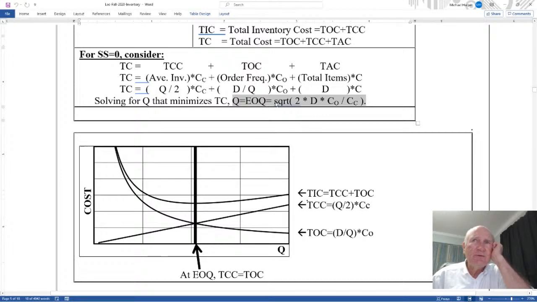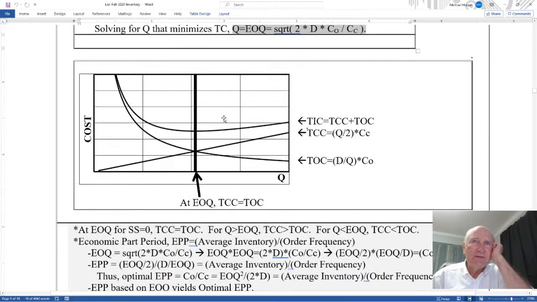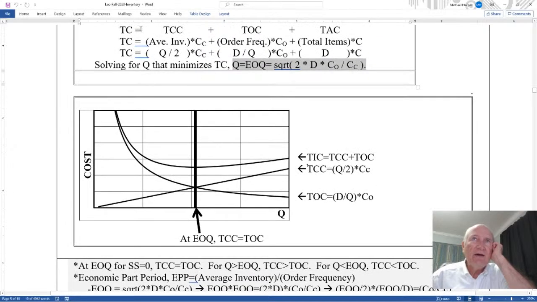Well, the concept of this equation is in this graph, and this graph is important. You'll see these concepts from this graph in the homework and the exams. Notice we have the equations up here.